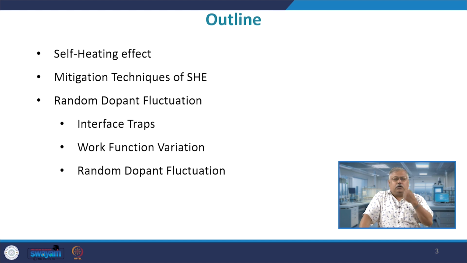We will also look into RDF, which is random dopant fluctuations, which happens more so at very low technology nodes, the influence of interface trap charges, work function variation and RDF fluctuations, and we will look into each one of them in detail as we move ahead.